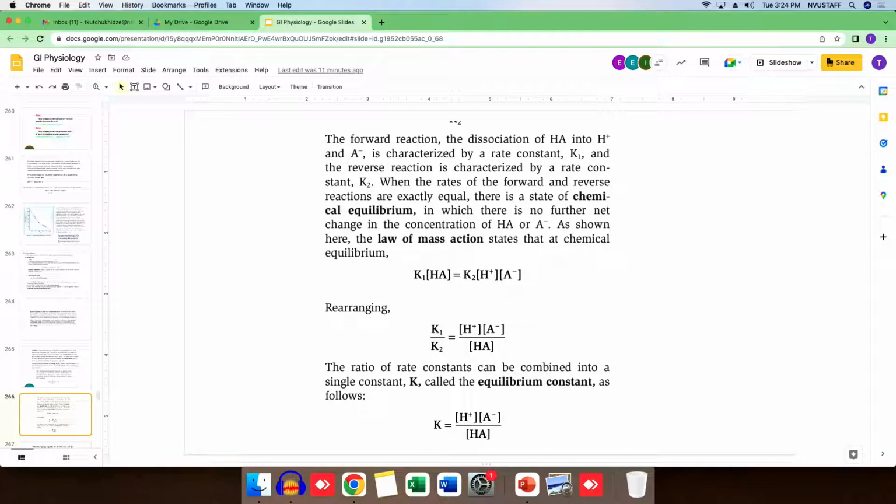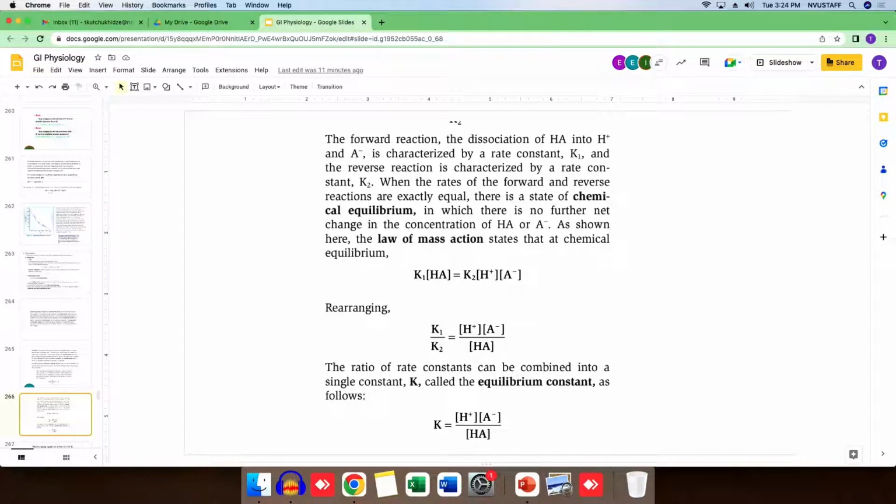Okay, you got that? Questions? Yeah. So from the forward reaction and backward reaction, we calculated an equilibrium constant, and we said that in physics this equilibrium constant is some kind of number.